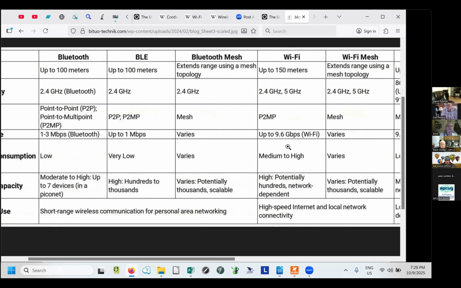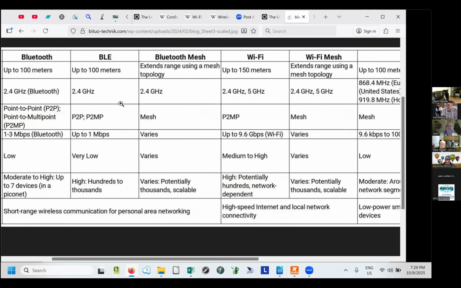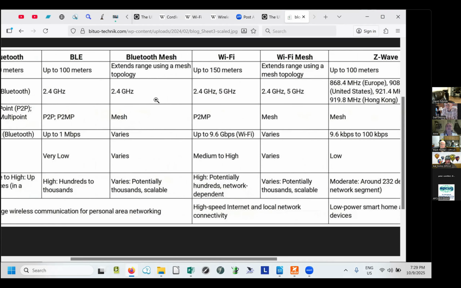Now, Bluetooth, I'm pretty sure everybody's familiar with Bluetooth. But I hadn't heard of BLE, which is Bluetooth Low Energy. I'll talk about that one a bit later. And Bluetooth mesh. We had a presentation maybe about a year ago where we were talking about mesh systems and how they worked.